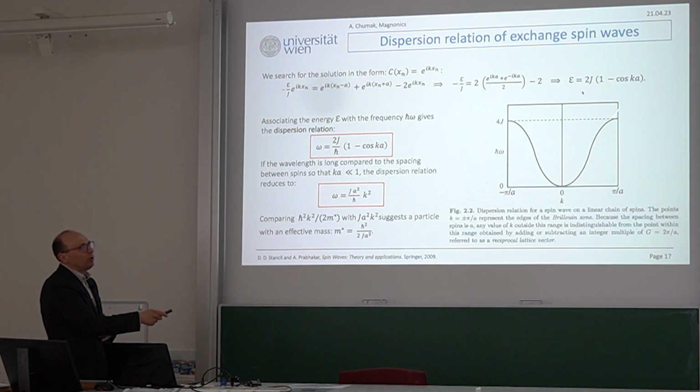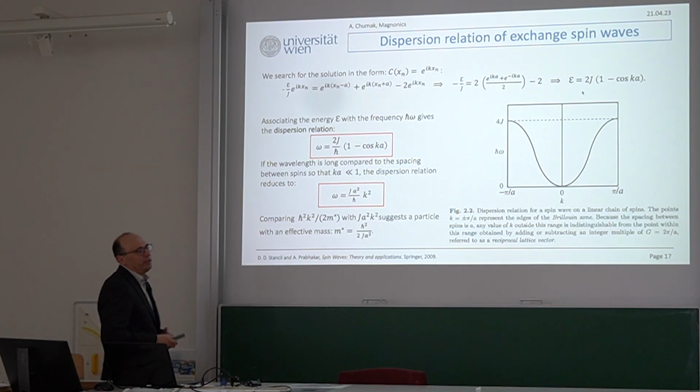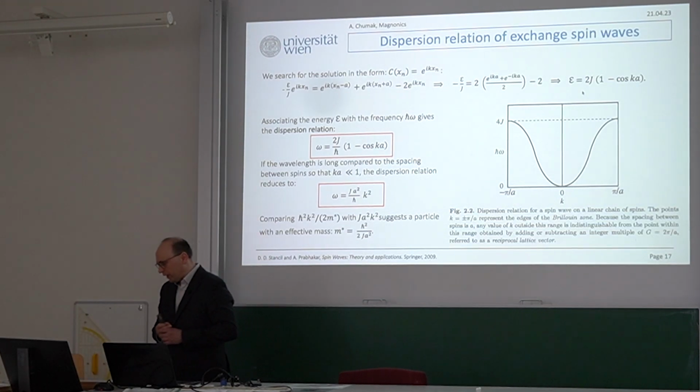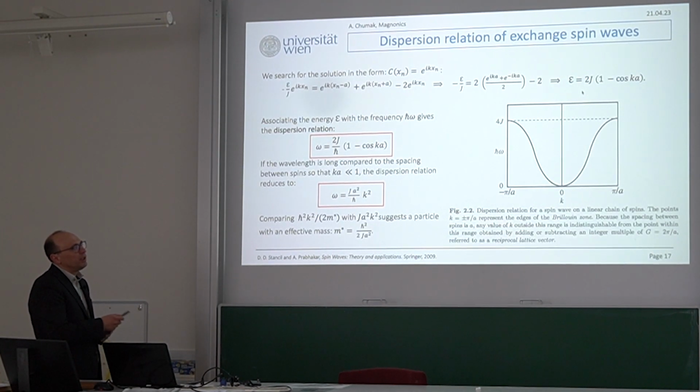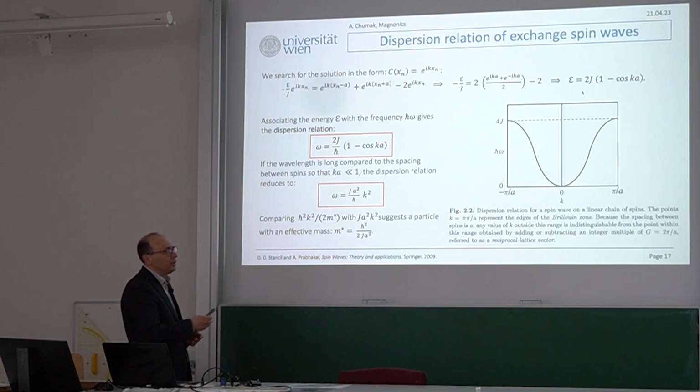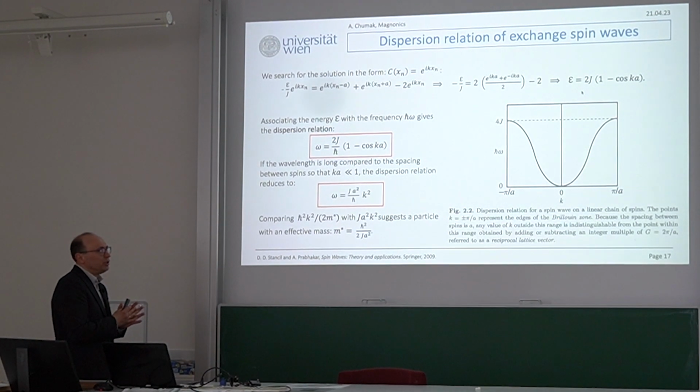But now we went through the whole Brillouin zone and we say that in reality it's cosine, and only at small k it's k squared. Just keep in mind that you always need to understand where you work. In the majority of cases in magnonics we are working close to the zero point, but we need to know that there are magnons with short and shorter wavelengths.